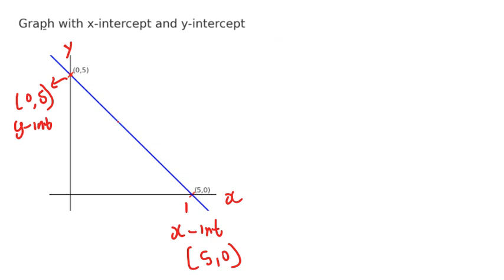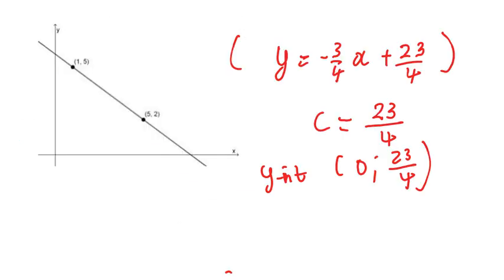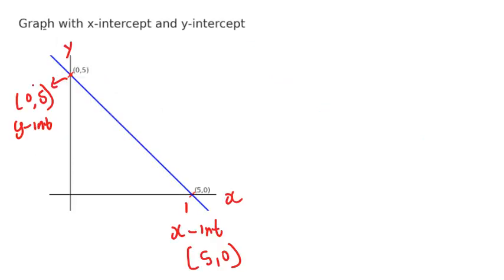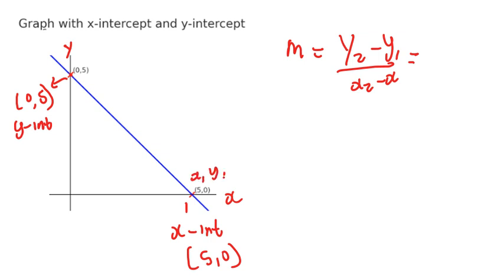In this case, it's not like before. Before we were just given 2 points that were not necessarily the x and y-intercepts. Here we are given 2 points that are just the x and y-intercepts. Now let's get the gradient. To get the gradient, we know our formula and we use our points. Let me first label them: x1, y1, x2, y2.